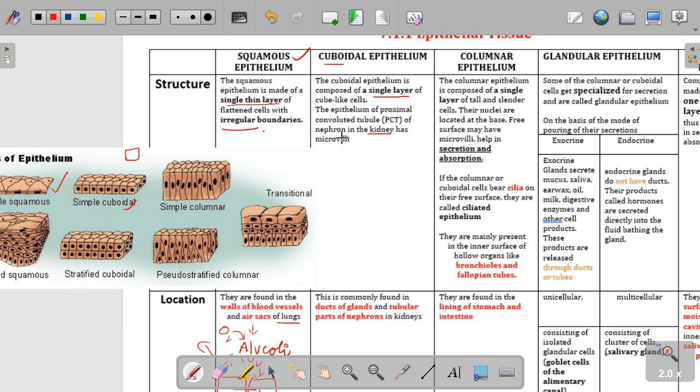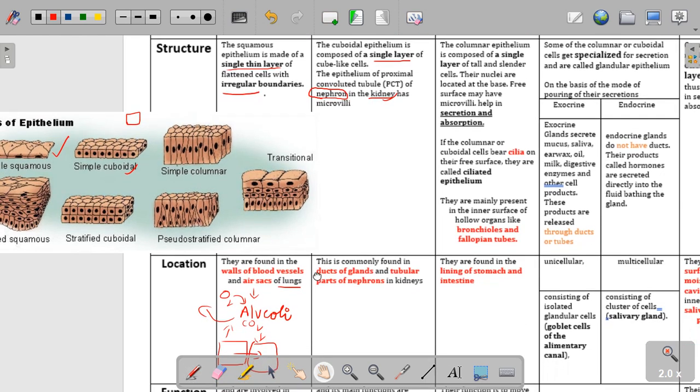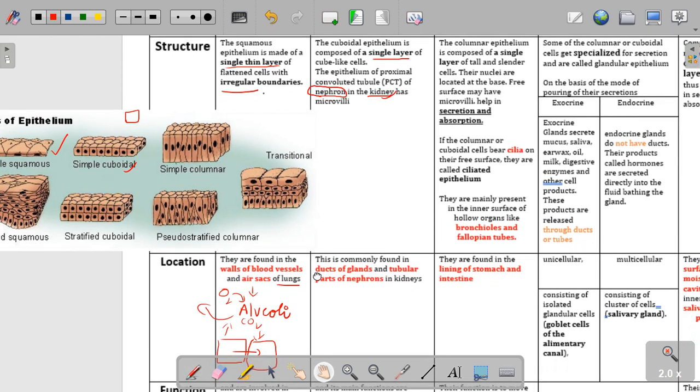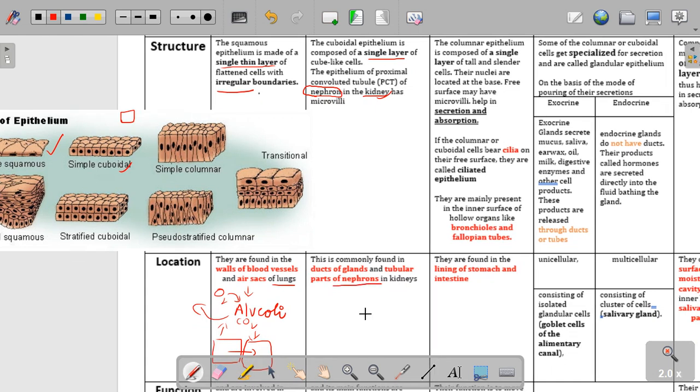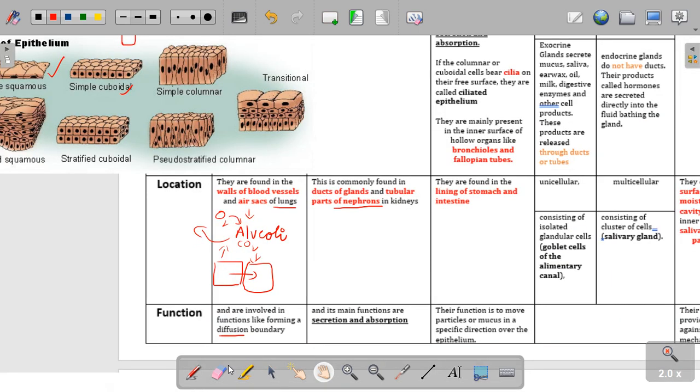They are meant for filtering the blood. And that is where these tissues are located. You can see nephrons. The main function is to release something. Cuboidal cells secrete something, and also they absorb material into them.